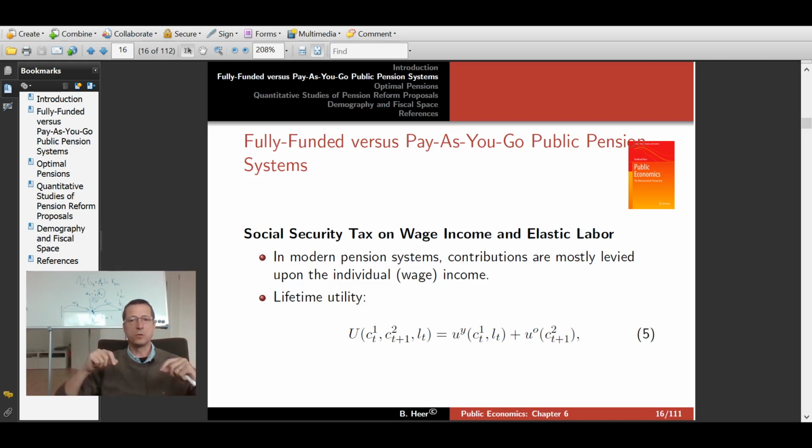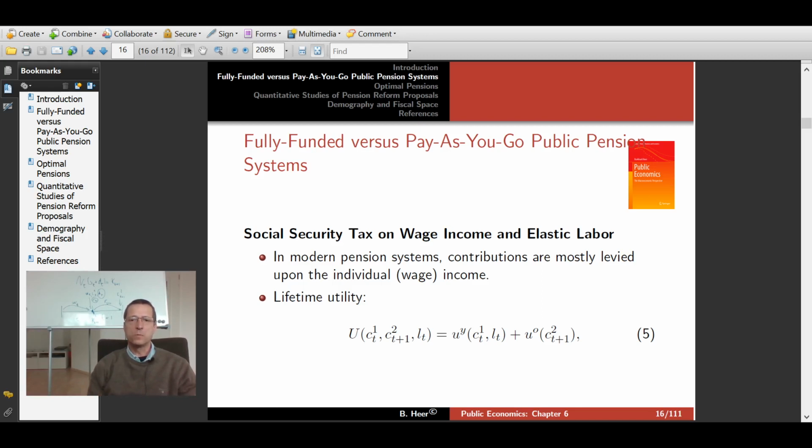And if the substitution effect is larger than the income effect, this means that we reduce our labor supply. So do we observe the same in the case of a fully funded pension? In case we have a social security contribution tax, and contributions increase, shouldn't we decrease labor supply, and the allocation would be different? We consider this in the following model.